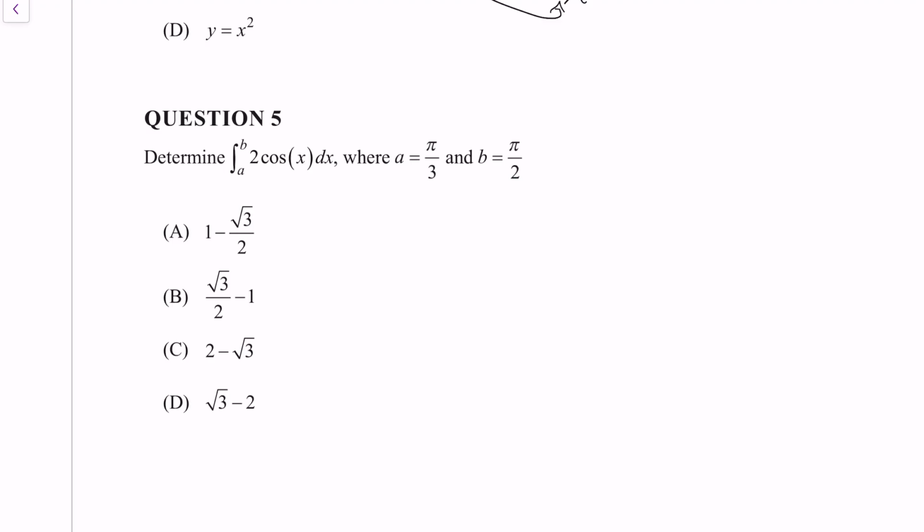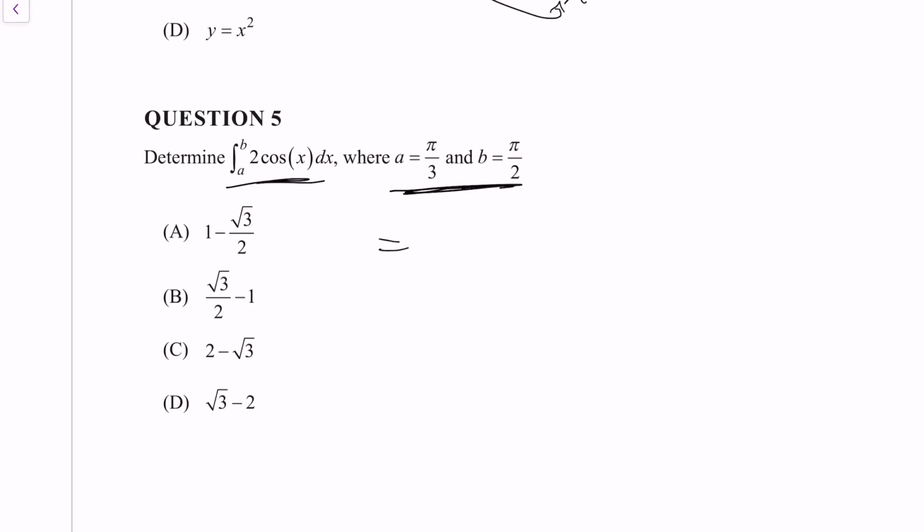Instead of going straight to substituting the a and b values, I like to integrate as if it were an indefinite integral without the a and b. That doesn't complicate the question further, and I can separate it into smaller steps that are more manageable and less prone to mistakes.